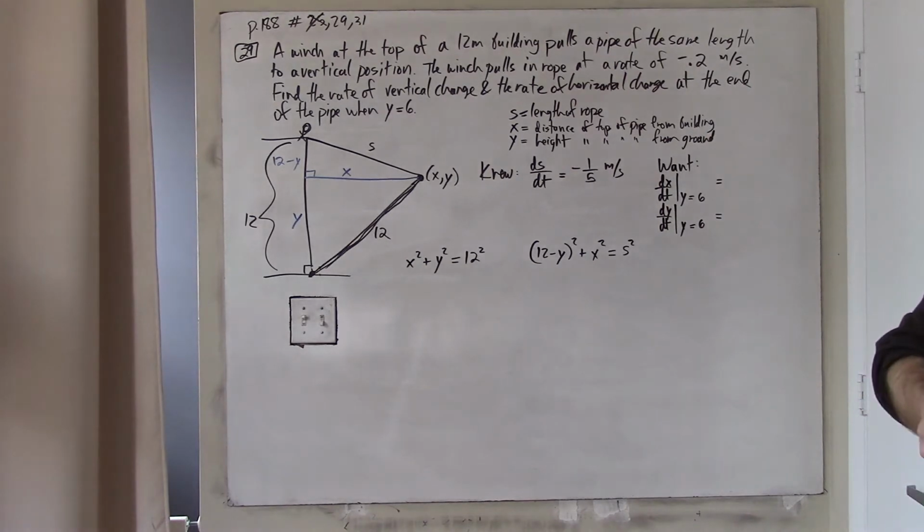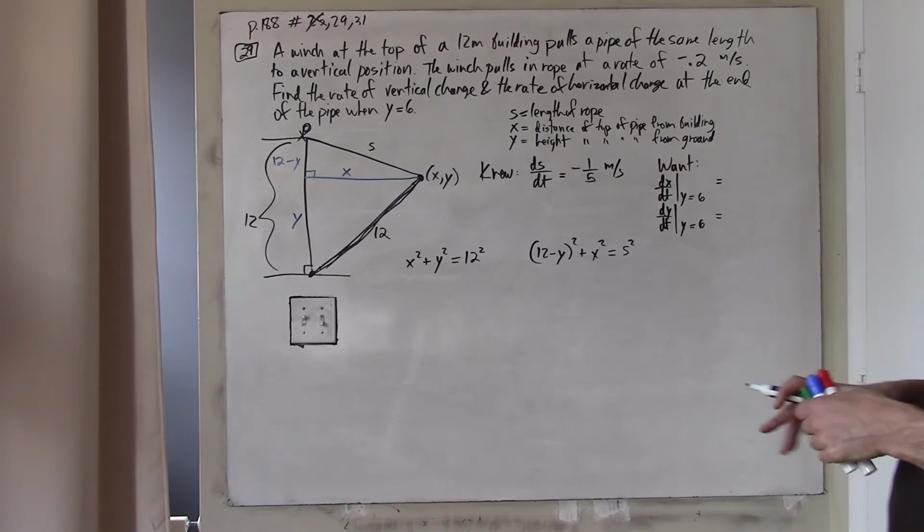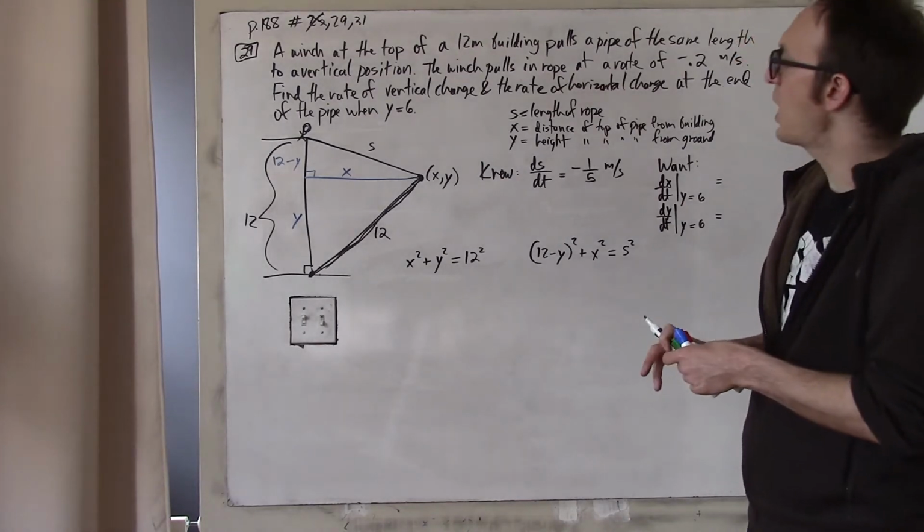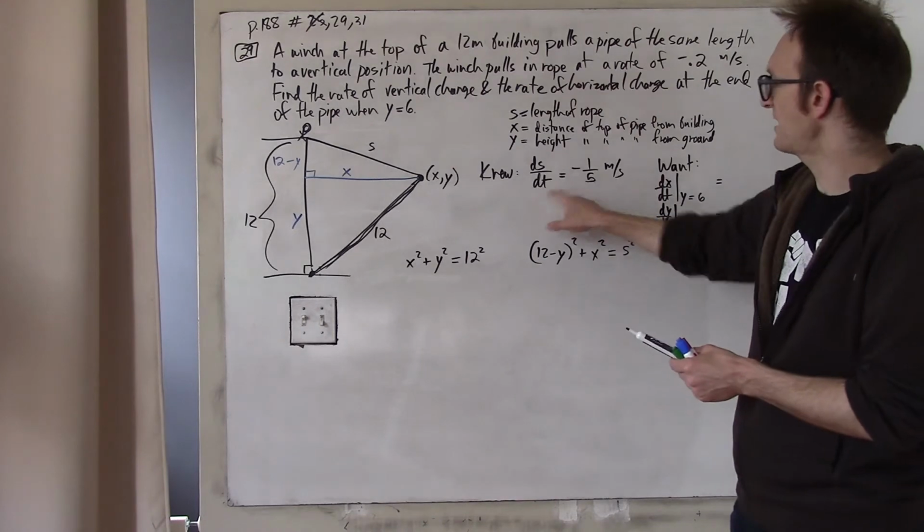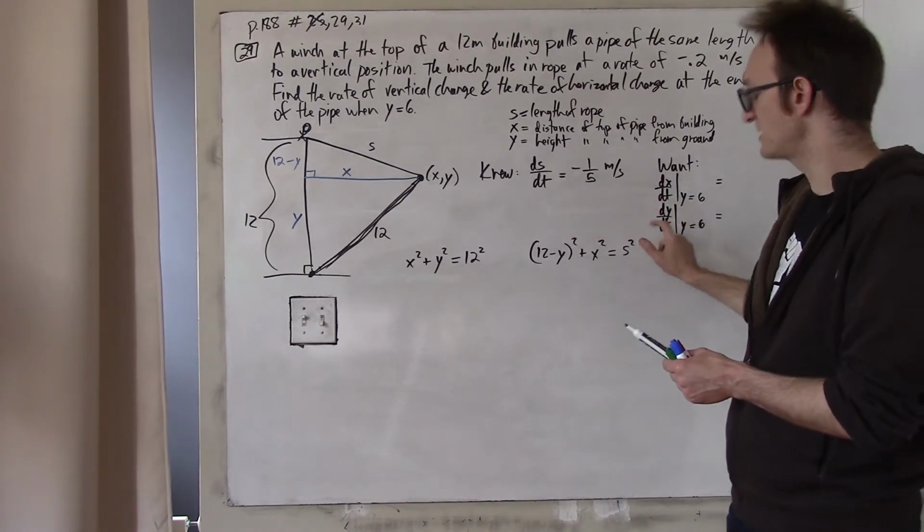Now, what I do now requires a little bit of creativity and initiative. So let me see. Read and understand the problem, draw a picture, pick variables for quantities which are changing, find the relationship between the variables. So here's the problem now. I guess I know what I want to do. I guess I want to get rid of one of these variables. The idea here is that I know ds dt, and I want dx dt and dy dt.